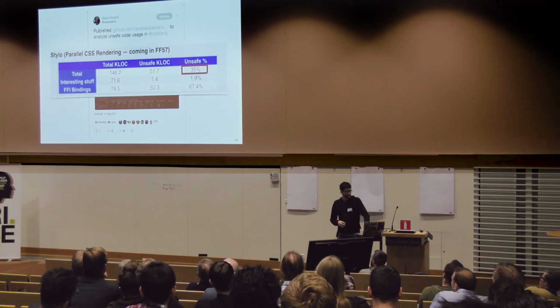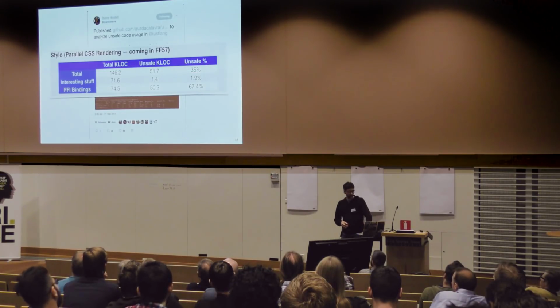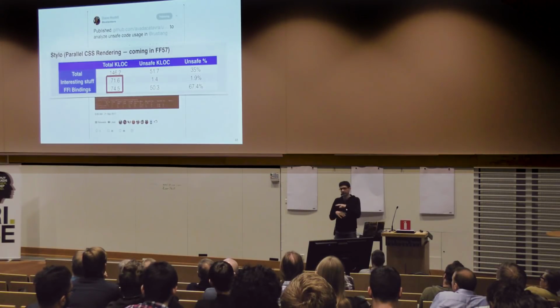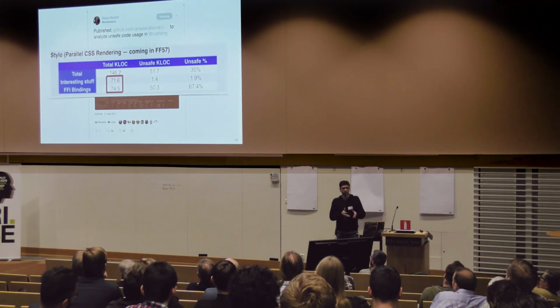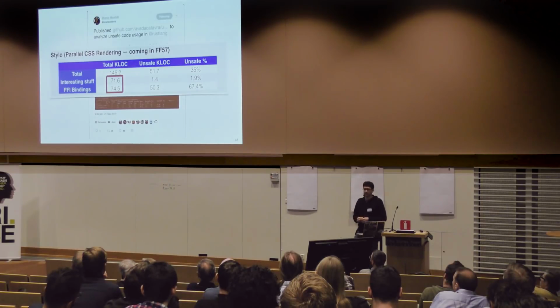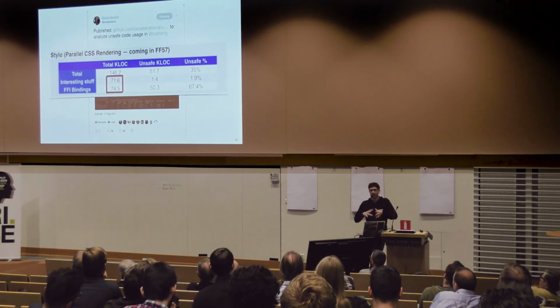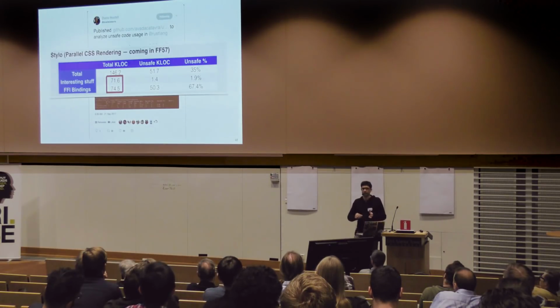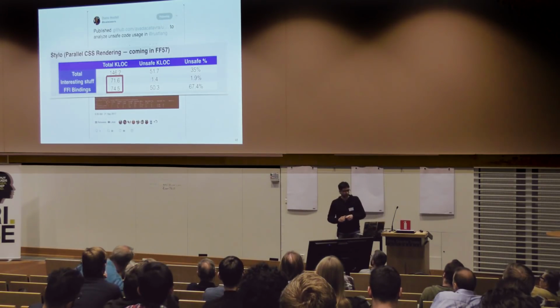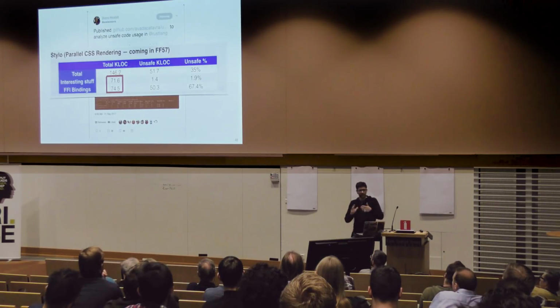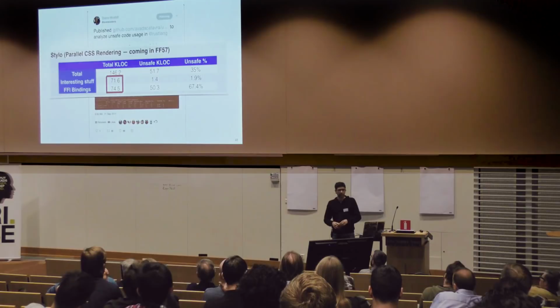That's ridiculous. It turns out that if you look at the code, you can kind of split it into two parts. First, there's the real code, the interesting stuff. And then there's all these auto-generated FFI bindings. Because as I'm going to talk about in a bit, this Rust code interacts with a bunch of C++ code and shares data structures with them. And these bindings, we're pretty sure they're correct. They get auto-generated. They get tested with a variety of test suites that are also auto-generated, and so on.